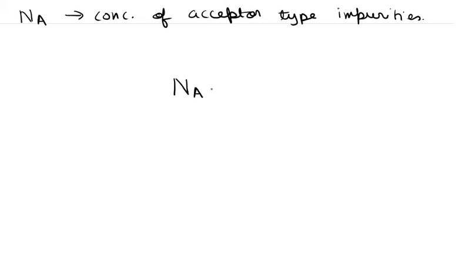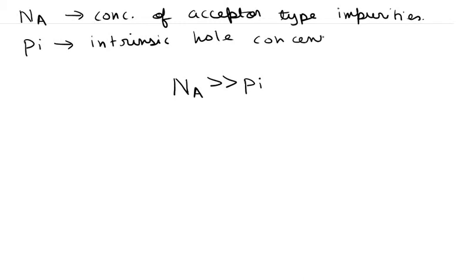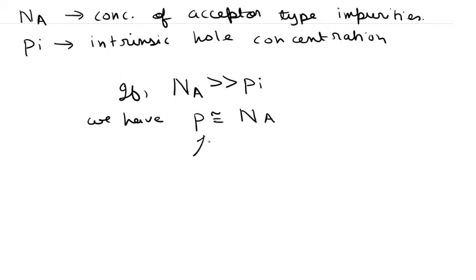If Na is much greater than Pi, Pi again is the hole intrinsic concentration, in this case we have P approximately equal to Na by the same logic as before. P is the total hole concentration in the valence band.